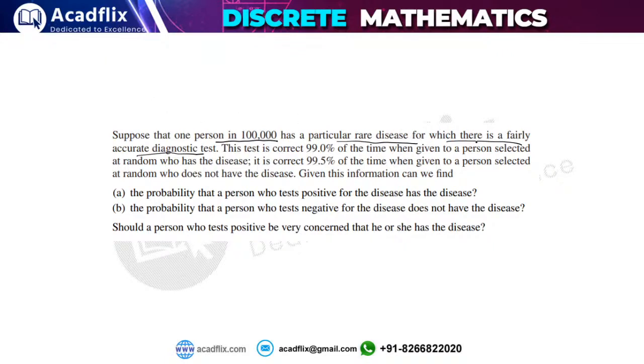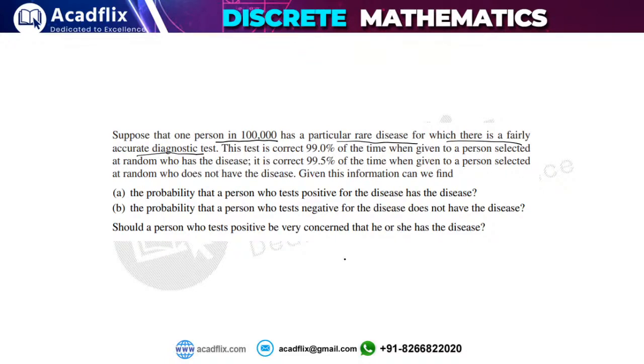Okay, and for this disease you have a diagnostic test. Now he is saying that this test is correct 99% of the time when given a person selected at random who has the disease. So basically if you already have the disease, and you go for testing, then there is a 99% chance that you will get the correct result.